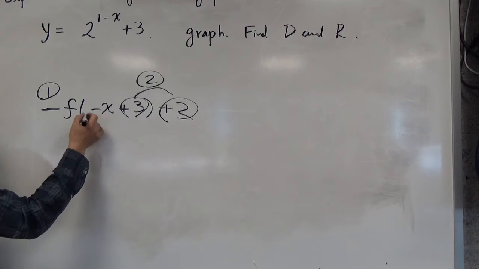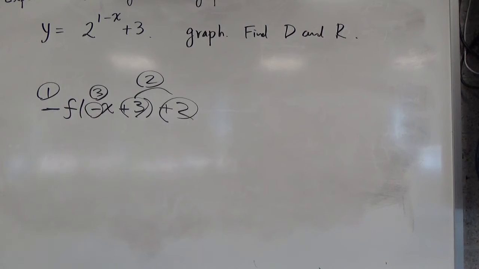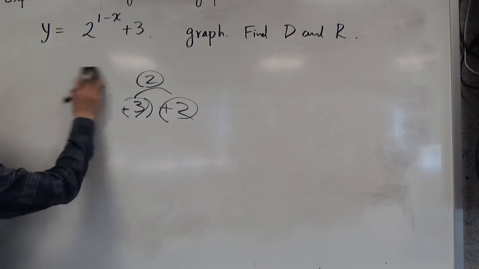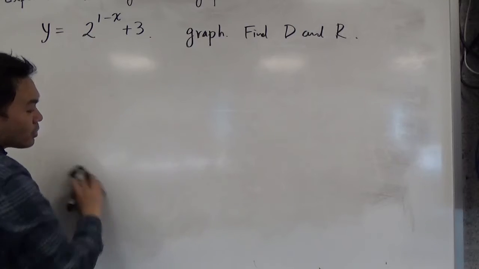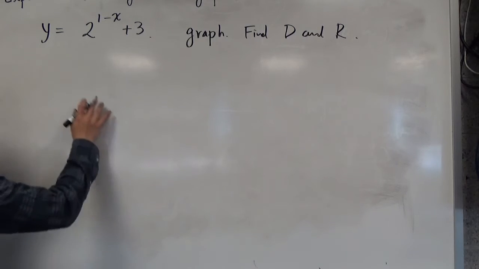And then if there's a minus in front of x, I do that last. Okay, so this is a good order of doing things and figuring out order of operations. You don't have to follow that, but if you don't, then it just becomes harder. Okay, so let's do it that way.